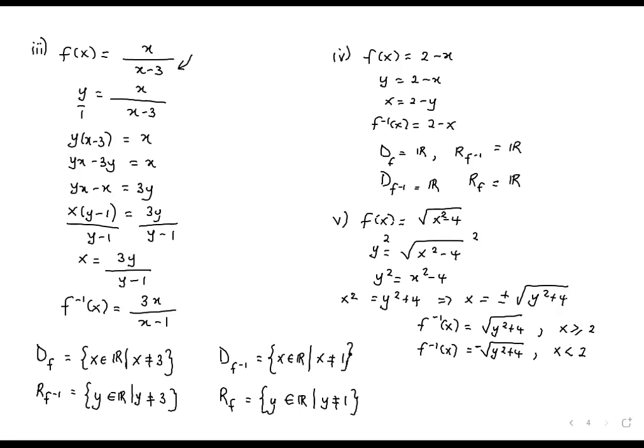So now that I've written the inverse outside, you come back and change the variable to X squared plus 4, X squared plus 4.